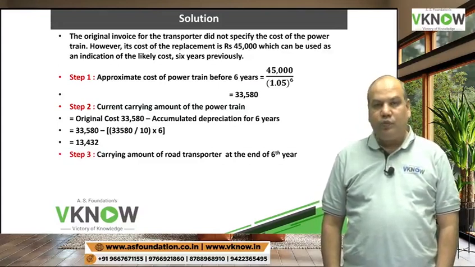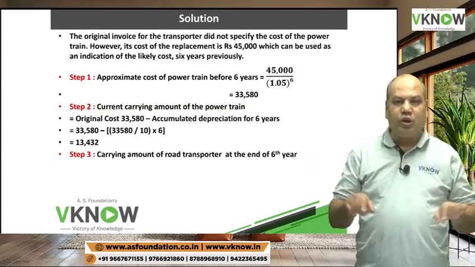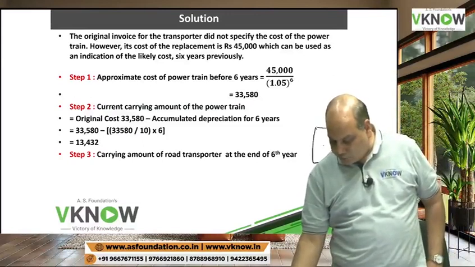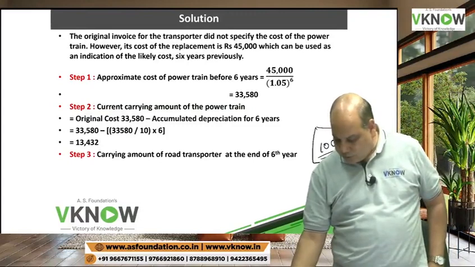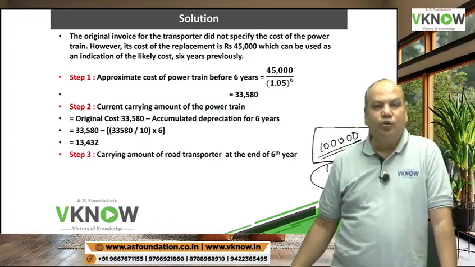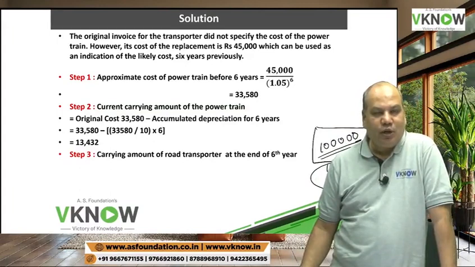Carrying amount of the road transporter. The main asset is called road transporter. Road transporter was purchased for 1 lakh rupees. Its life is 10 years. 6 years are over. So what is the carrying amount of the entire asset after 6 years?